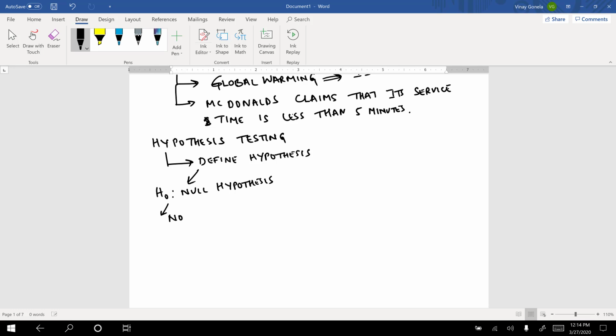The meaning of null hypothesis is mostly no change happened, or nothing new is happening, or the old phenomenon, or the idea which has already existed, is true.